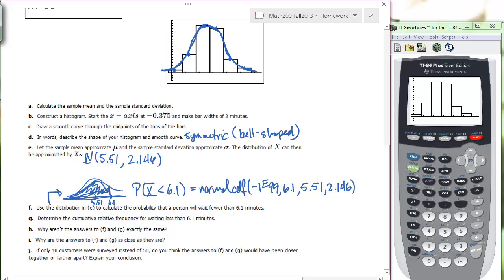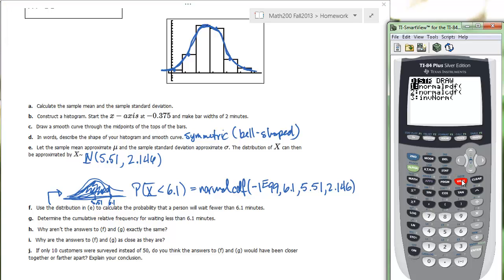Okay, so let's punch that in our calculator. We get that by going to second function, distributions. Normal CDF is the second one. And then we have a 1. I'm sorry, it should be a negative. So let's go -1, and the second function, comma, gives you that E symbol, 99.